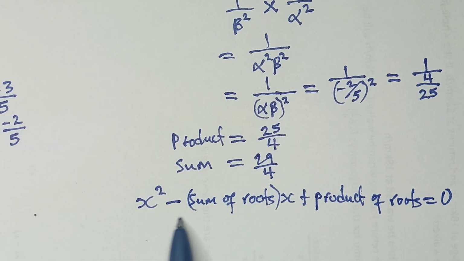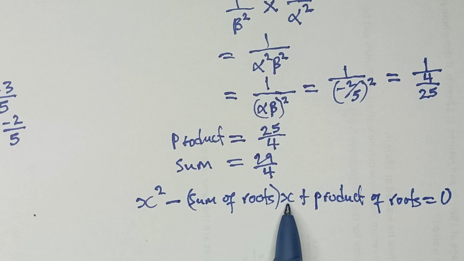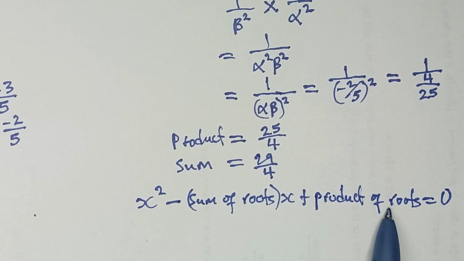So this is how a quadratic equation is expressed: x squared minus the sum of roots x, then plus product of roots, and that is equal to 0.